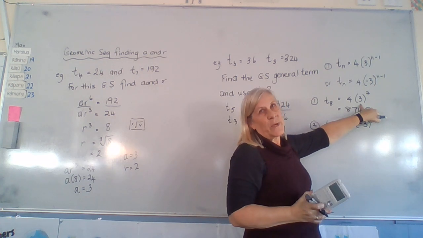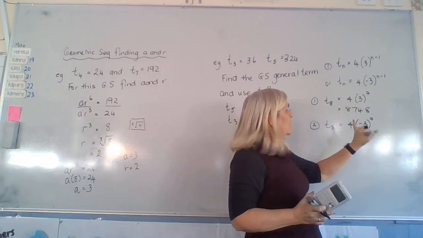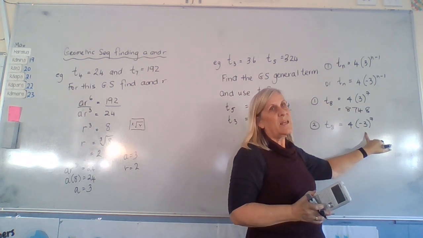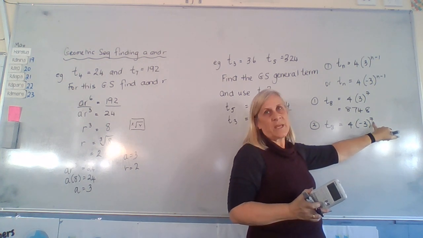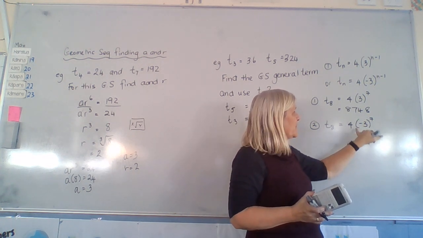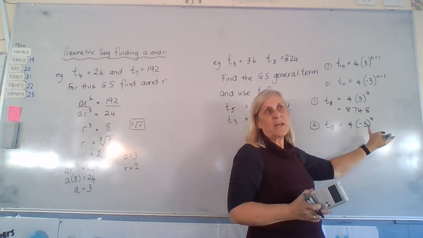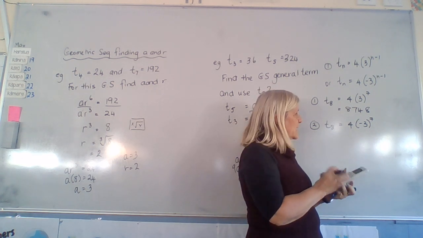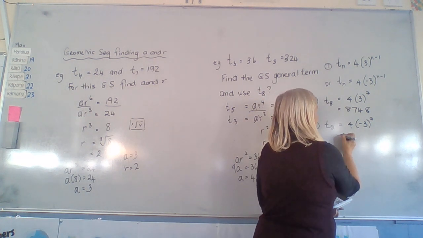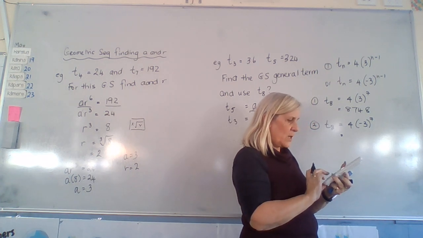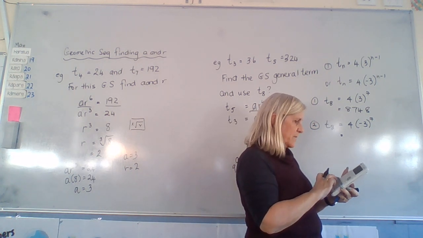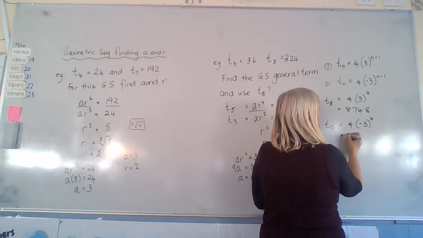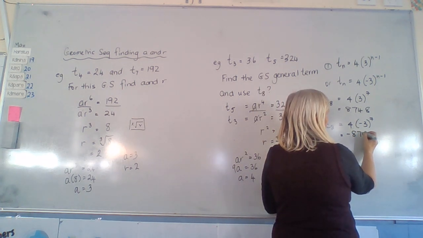When we take the power of a positive, we always get a positive. When we take powers of negatives, they can be a positive or a negative number. If it's an even number here, this number will be positive. If it's an odd number here, this number will be negative. So when we put this one into our calculator, we're going to get 4 times bracket negative 3 bracket to the power of 7 equals negative 8748.